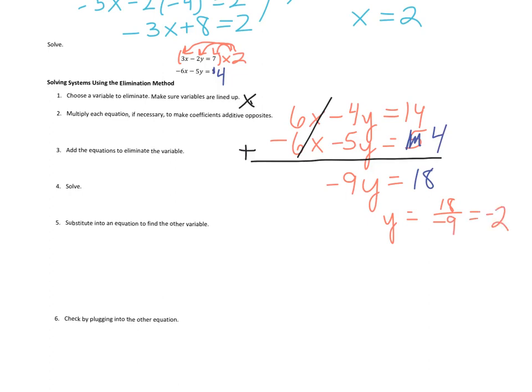All right, so that's step 4. We just solved for y, negative 2. Now we're going to substitute into an equation to find the other variable. We can do the top or the bottom. It doesn't matter. I'll use the top. 3x minus 2y, but remember, y is negative 2. And this equals 7.